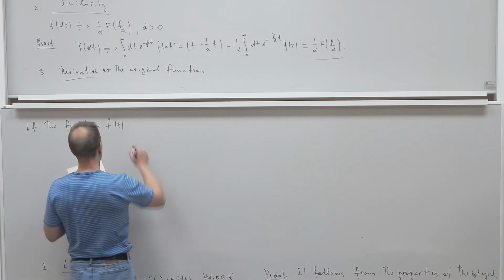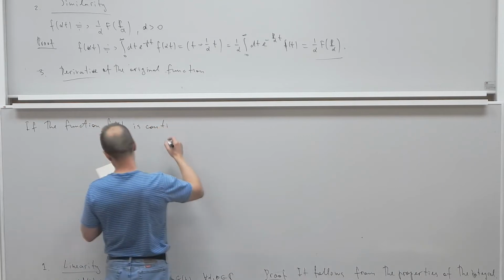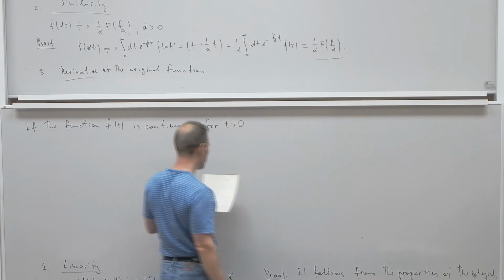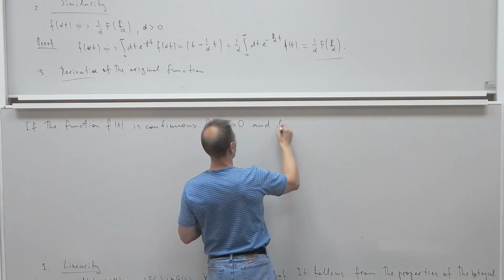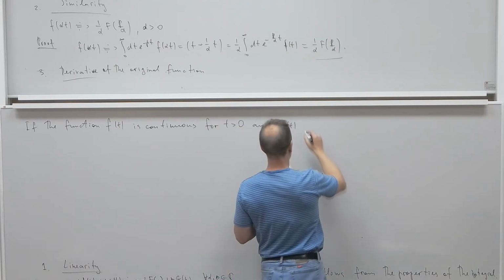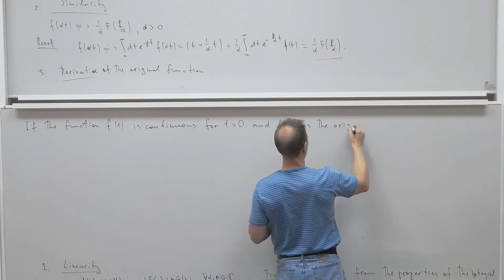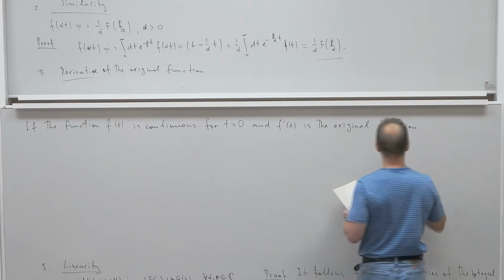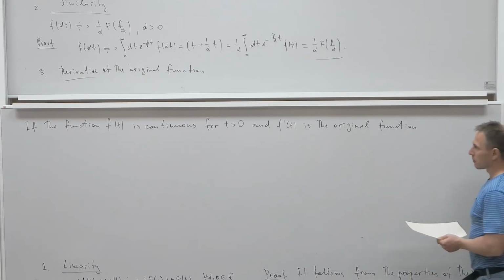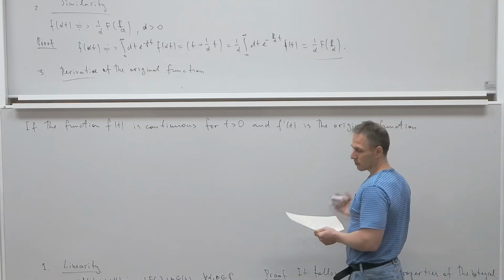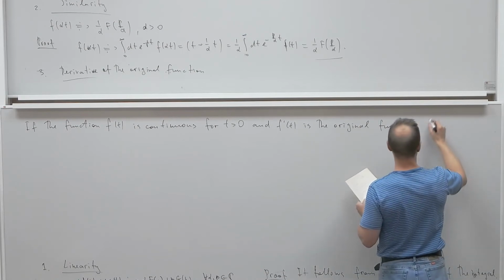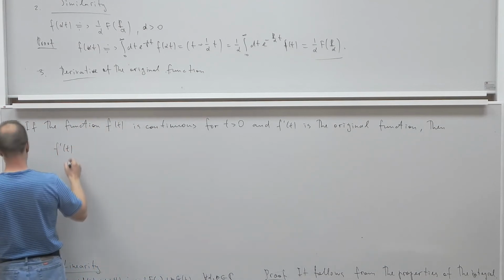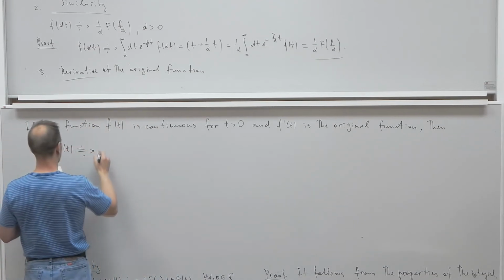If the function f of t is continuous for positive t, and its derivative is the original function, that is, it satisfies all the three properties that were given in the beginning of our lecture, then its Laplace transform is given by the following formula.